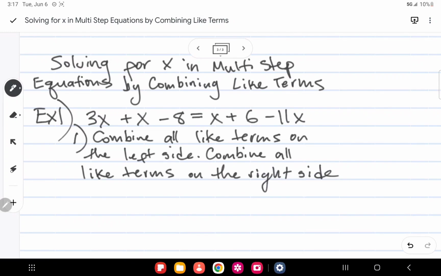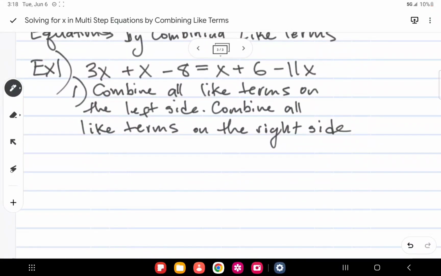Okay? By like terms, meaning that if they're all x's, then they will need to be combined. If they're all y's or they're all a's, they would need to be combined. Similarly, numbers could also be combined. Okay? So, that is the first step.